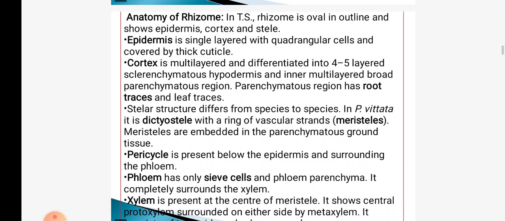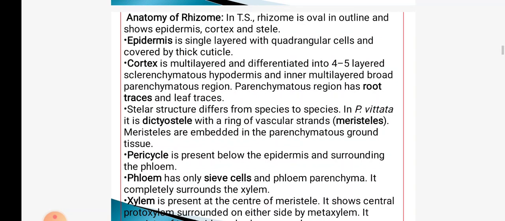Xylem is present at the center of the meristele. It shows central protoxylem, tracheids and xylem parenchyma. Then pericycle is present near the endodermis. It is part of the stellar system.